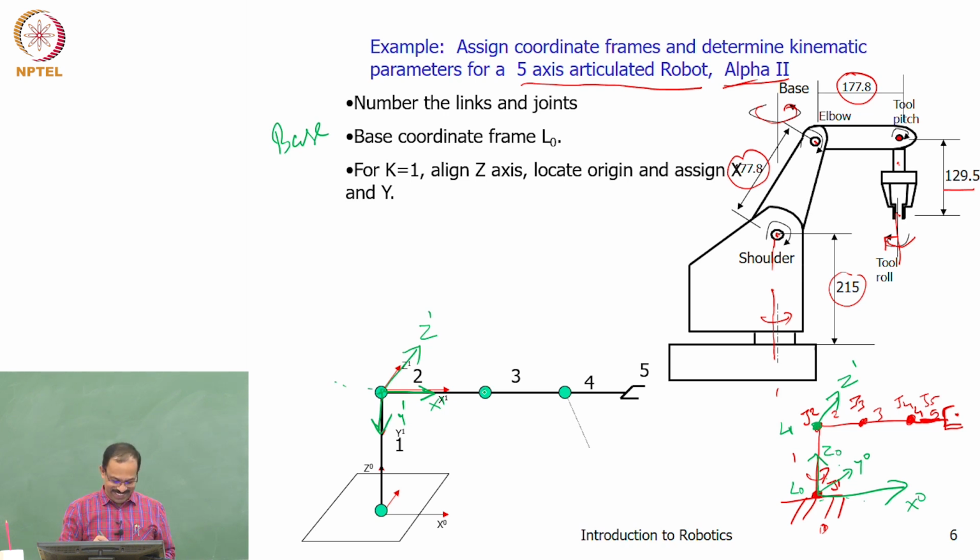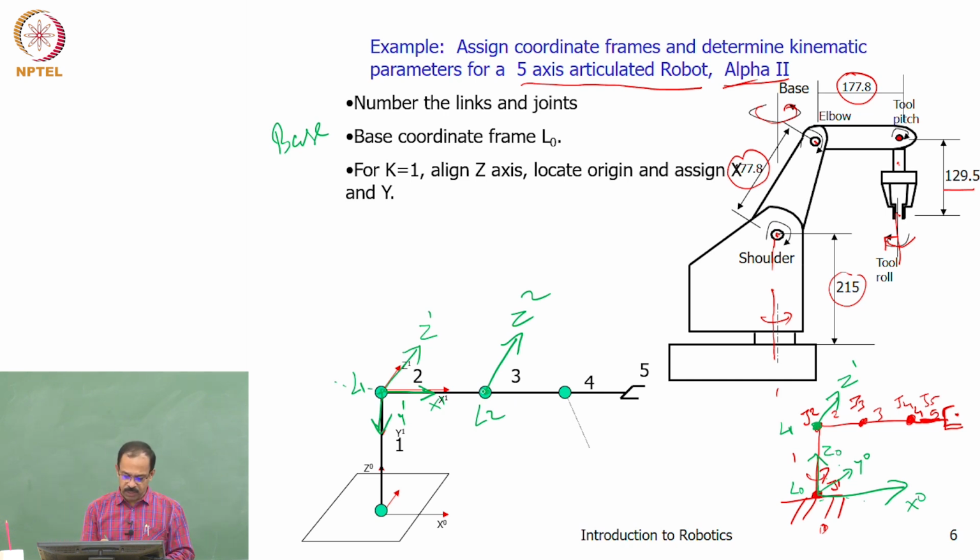Okay, we are jumping. So this is z2, right? So z1 and z2 and origin. The next is origin. Where is L2? So this is L1. This is L2. So where is the origin of the second coordinate frame L2? How do you get it? Intersection of Z1 and Z2, right? So where is the intersection? Are they intersecting? No, they are not intersecting. So what will you do? You find a common normal, and the intersection of the common normal with Z2 will be the origin.